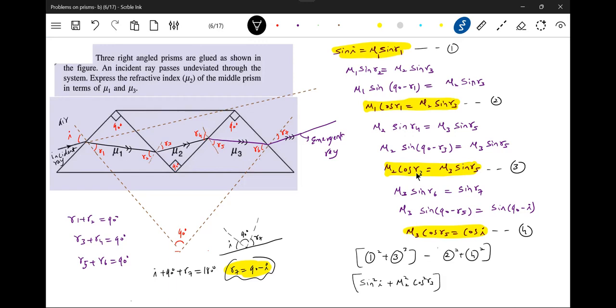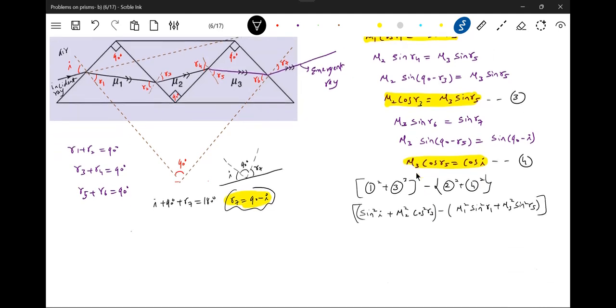This is 1 minus of the other side, mu1 square sin square R1, cos square R4.